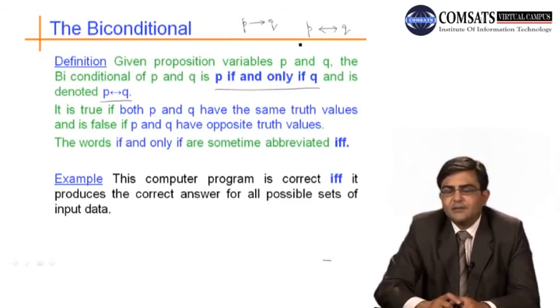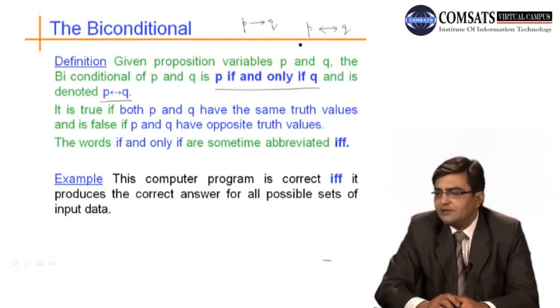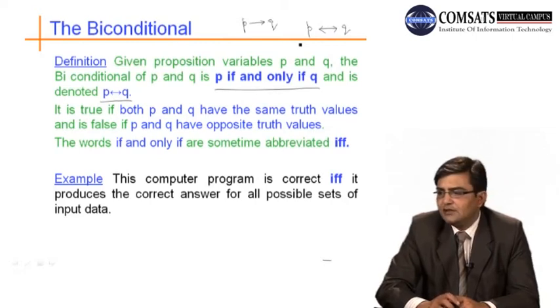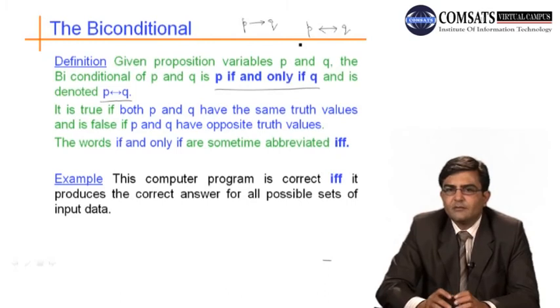This biconditional statement or biconditional proposition is true when both P and Q have the same truth values. That is, if P is true and Q is true, then the biconditional of P and Q is true.